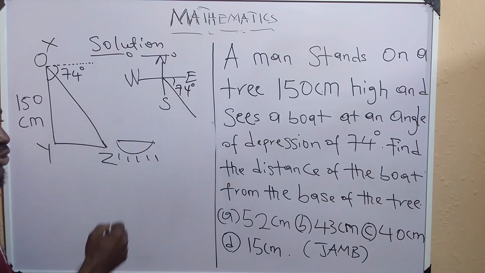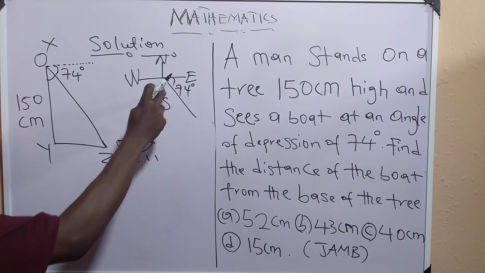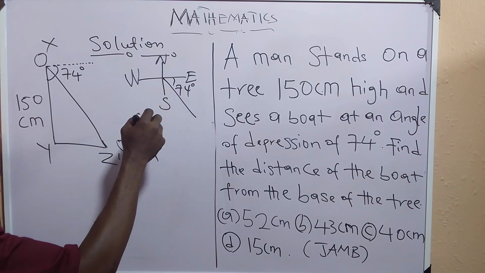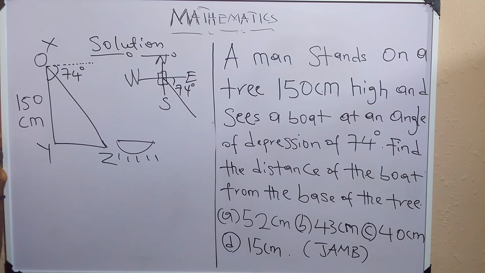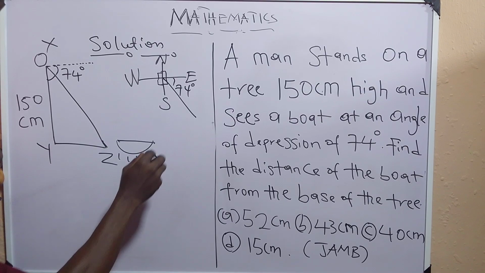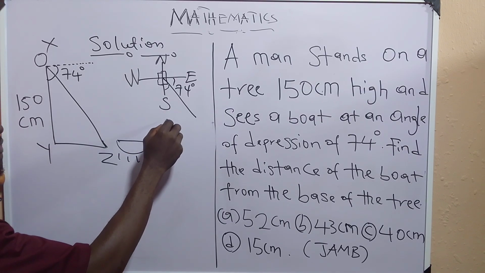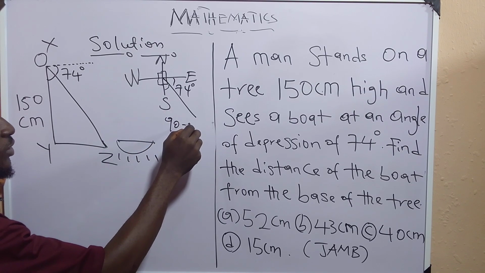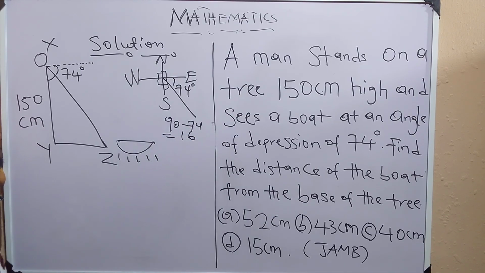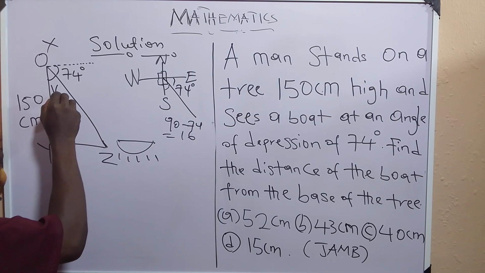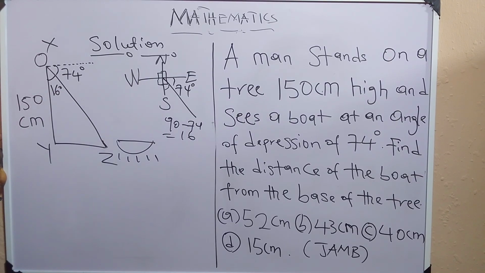If you want to get this angle, since this place is 90 degrees, all around is 360 degrees. So to get the angle here, you say 90 minus 74, which will give you 16. So our angle here is 16 degrees.